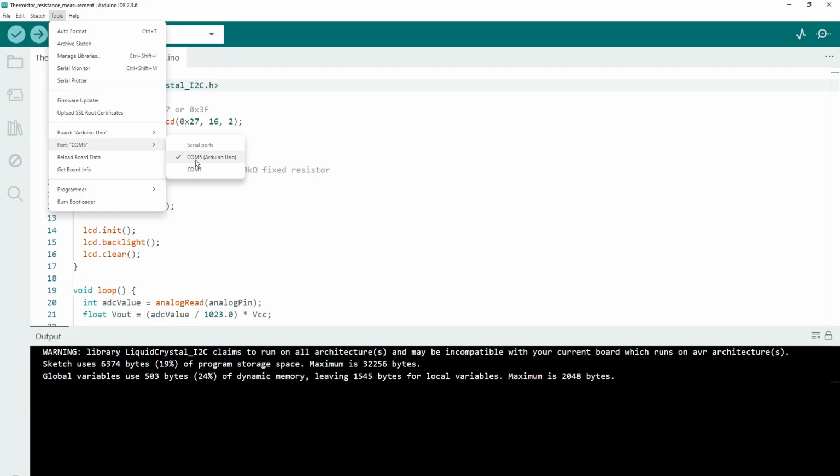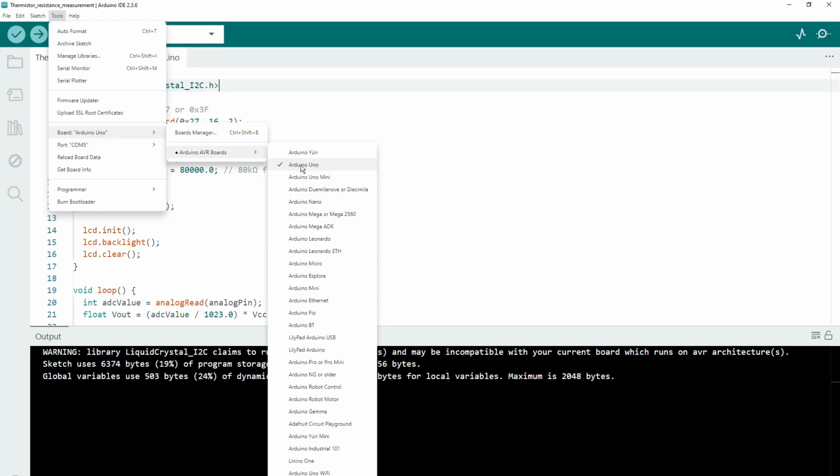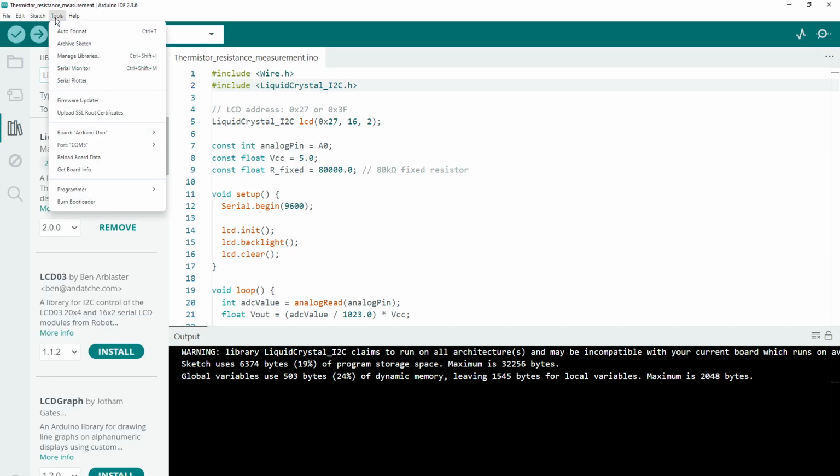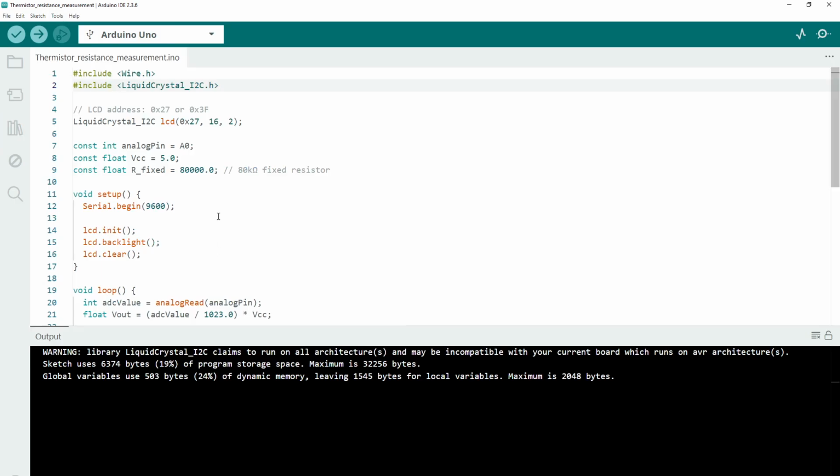In this case, COM5 is the Arduino port, and it's already selected. The board must be the Arduino Uno board, and amongst the libraries you should have already installed the LiquidCrystal I2C library.